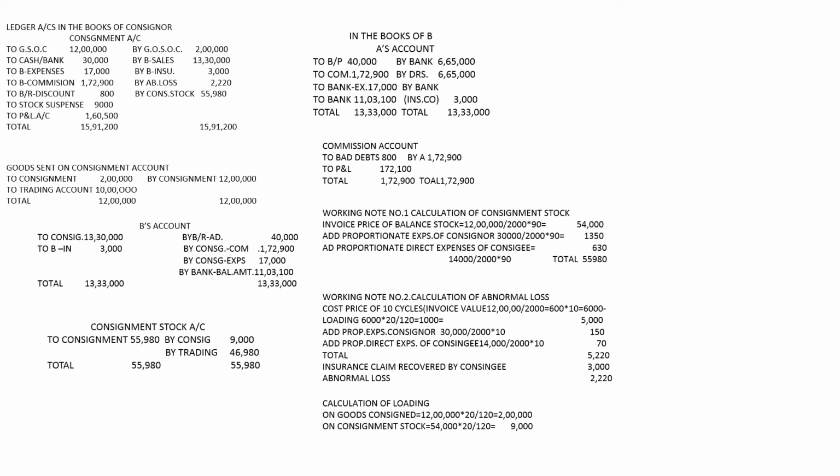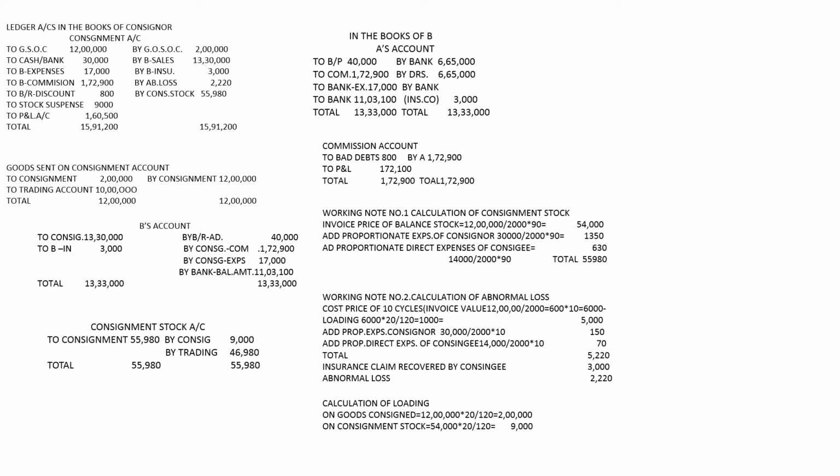Similarly, if invoice price is given and loading is also on invoice price, then you can take 20 upon 100. If cost price is given and loading is on invoice price, then we will presume invoice price 100, loading 20, cost price 80.